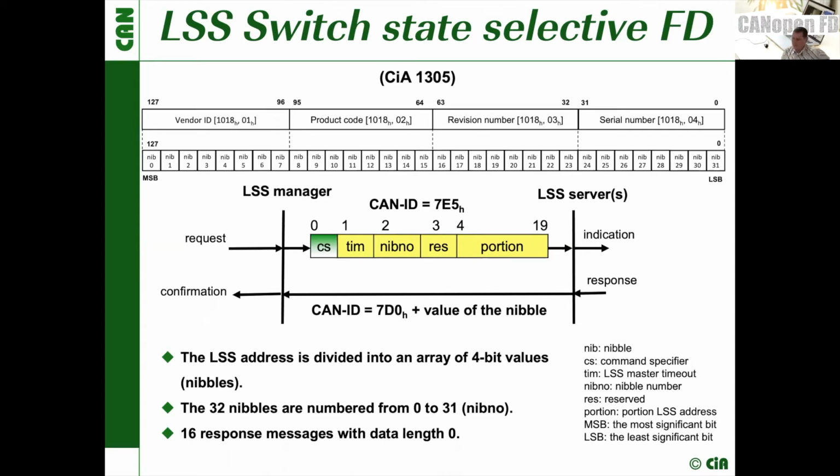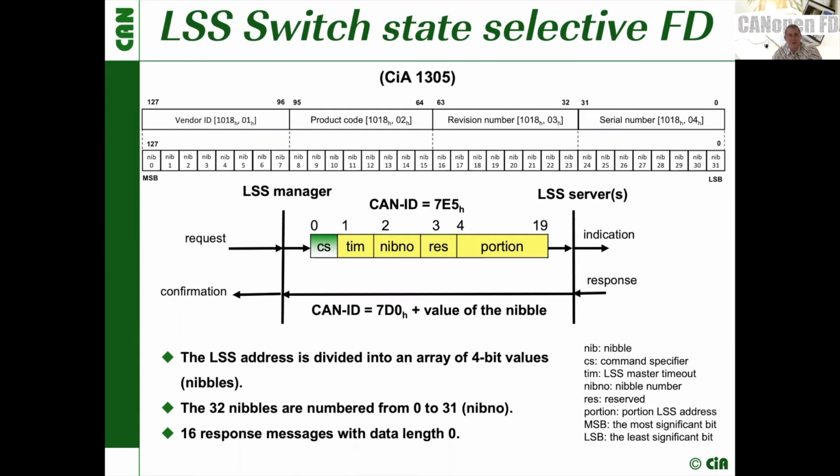Now, in CANopen FD, we have much more space in one telegram. We have the option of 64 bytes to transfer in one telegram, and therefore we can optimize this switch state selective command. You see here on this slide the LSS switch state selective command for the FD environment.